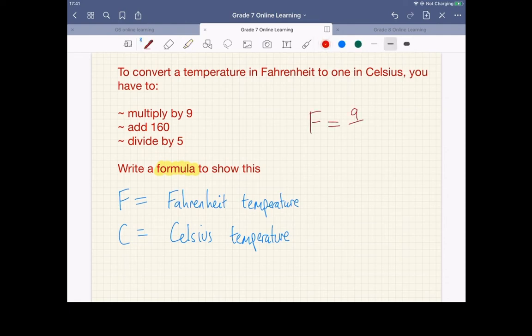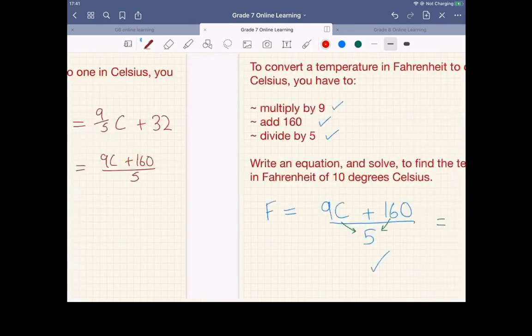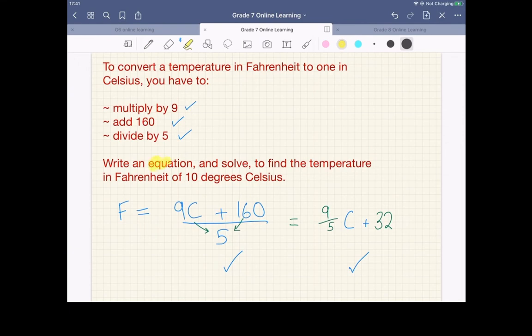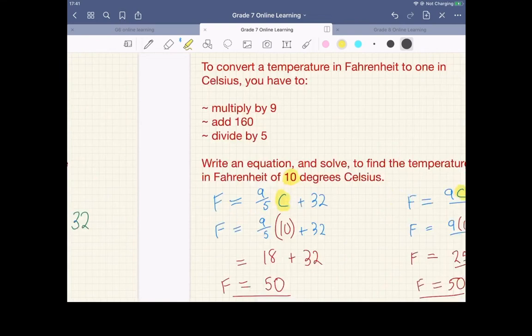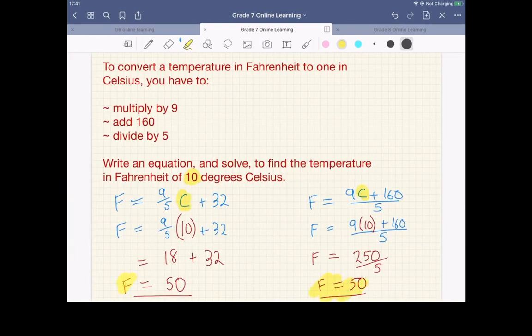So like we had 9 over 5 C plus 32, or F equals (9C plus 160) over 5. So that's formula. Or it will say an equation. The other keyword you can look for is solve, and that is where you get a final answer.